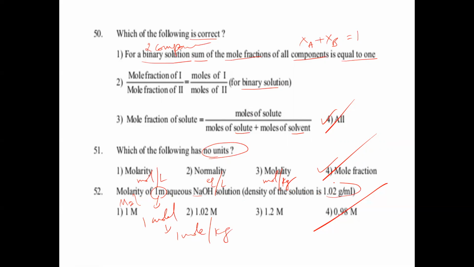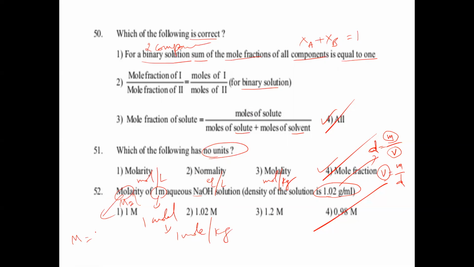The density of the solution is given to you. Whenever density is given, what formula do we have to recall? Density is equal to mass upon volume. From this, we can calculate the mass of the solution, or the volume of the solution. Volume of solution is equal to mass by density. If you know the volume, we can calculate molarity.